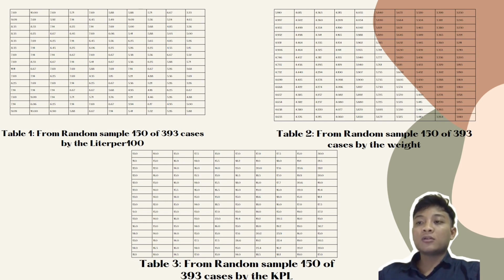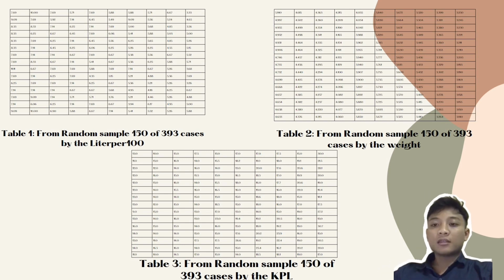For example, the lowest two-digit matric number of Nur Humaira binti Yusri Azli is 05. Table 1 is from a random sample of 150 of 393 cases by the liter per 100. Table 2 is from a random sample of 150 of 393 cases by the weight.